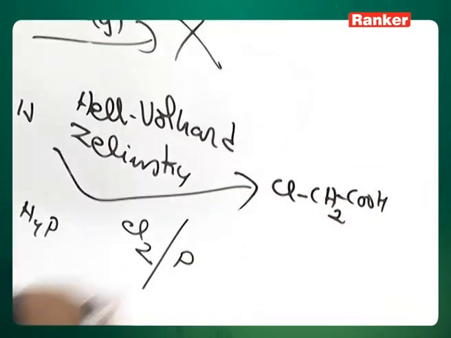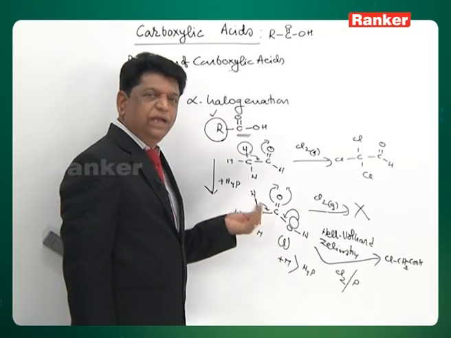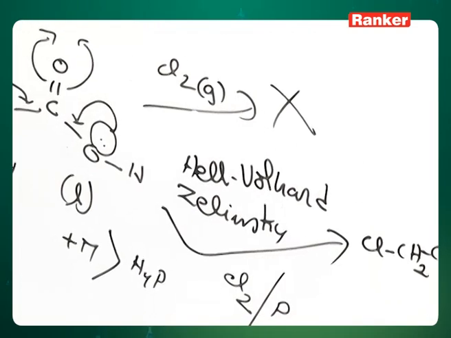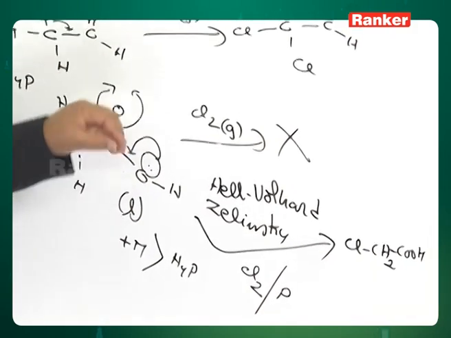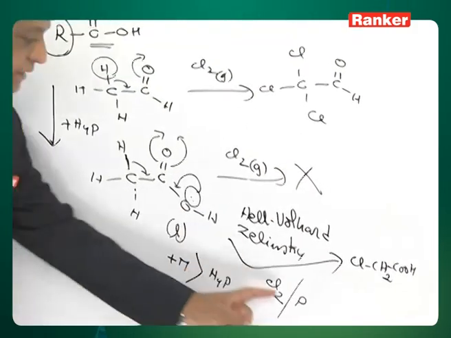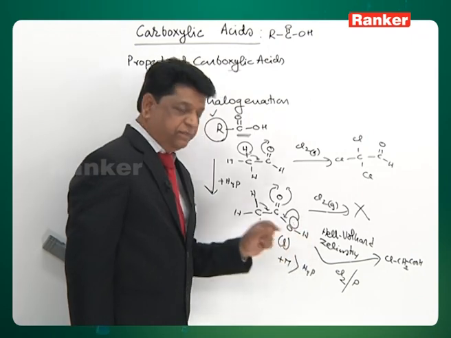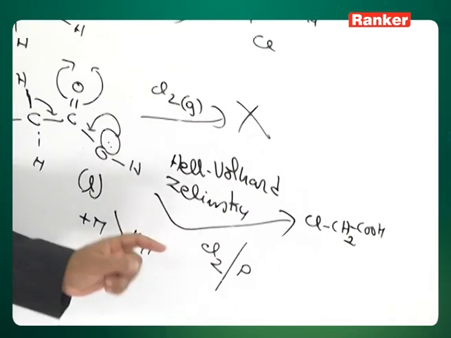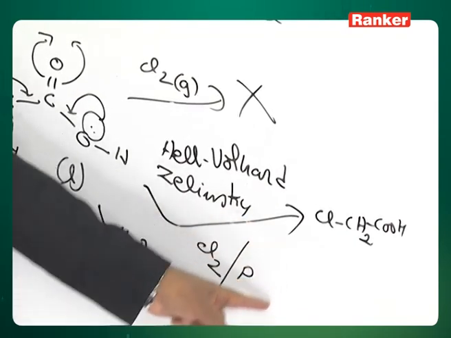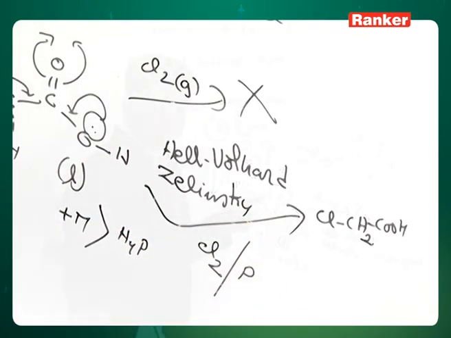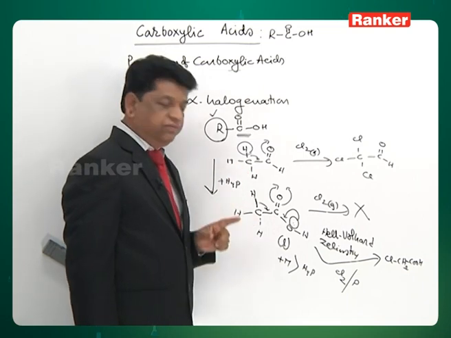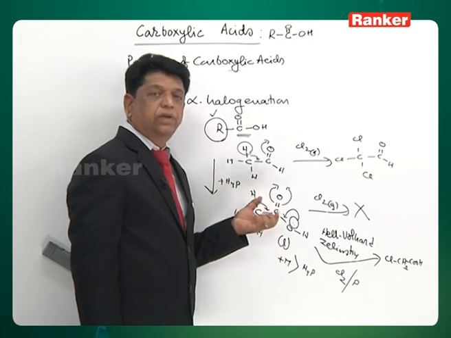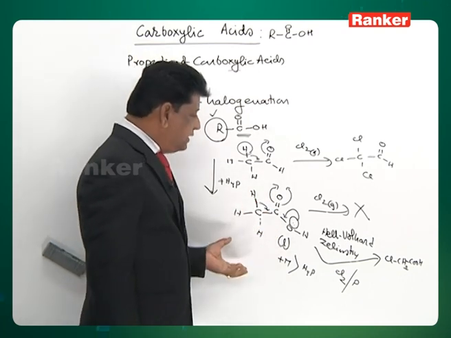What is the further application of that? You add ammonia, you will get amino acetic acid, that is, glycine will be prepared. All the corresponding carboxylic acids can be alpha chlorinated using this particular reagent, chlorine and phosphorus. The reaction is known as the Hell-Volhard-Zelinsky reaction. In this reaction, P and Cl2 react and give PX3 or PX5 type compounds, in which equilibrium is maintained; maybe reactive intermediates of chlorine influence the reaction.